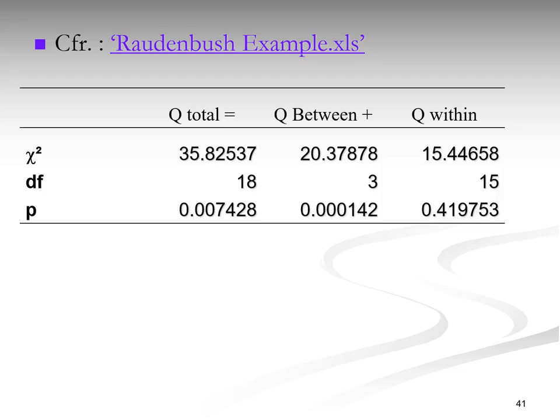I also used a Q statistic, and I also performed a weighted analysis of variance. So the calculations that were done to obtain Q total, Q between and Q within are shown in that Excel sheet. So I recommend you to have a look at this Excel sheet and to try to understand how these results were obtained.